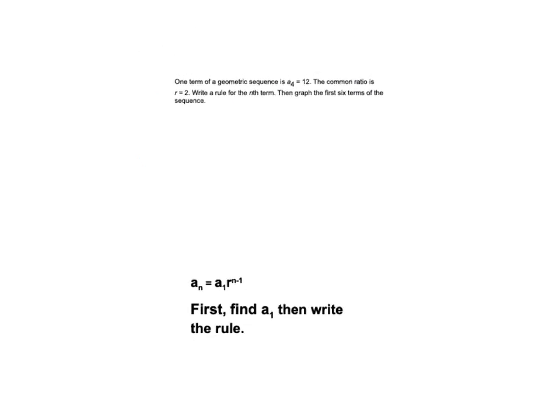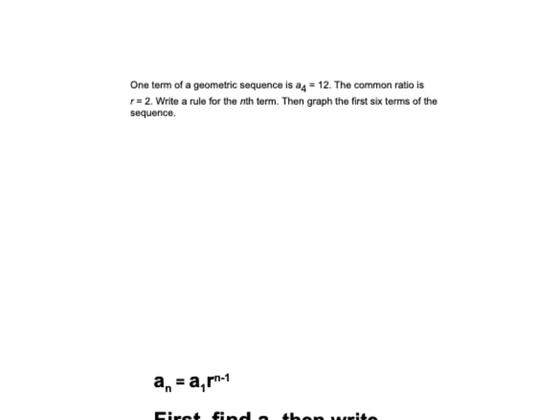Now we're going to do kind of like what we did with the arithmetic, where instead of giving you the sequence, I'm going to tell you a specific term in that sequence and give you the value of r. And again, first you're going to have to find a sub 1, and then you can write the rule. So again, here we have a sub n equals a sub 1 times r to the n minus 1.